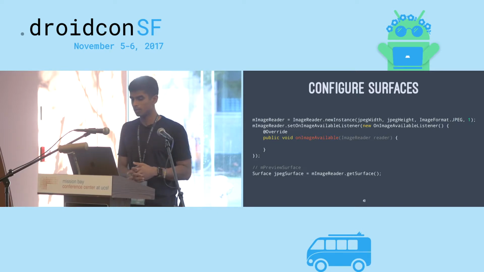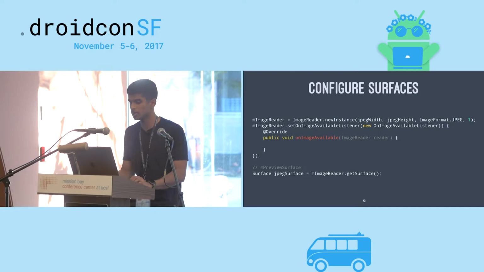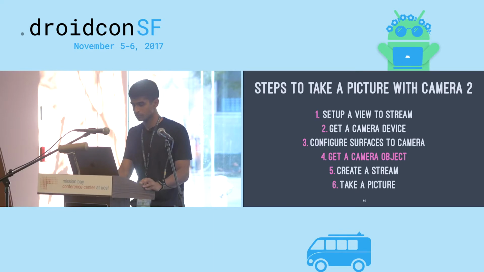And then you set an on image available listener. Inside, once you get the image reader, you can always use it to get the latest image or get the next image, and so on. And it usually returns the image frames.